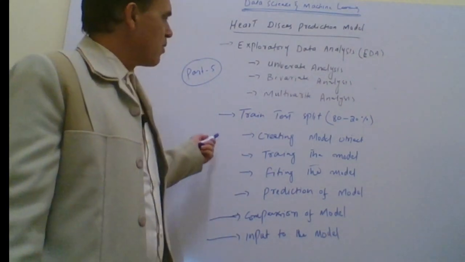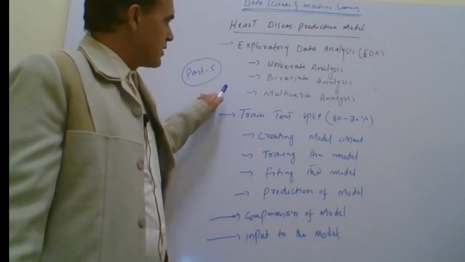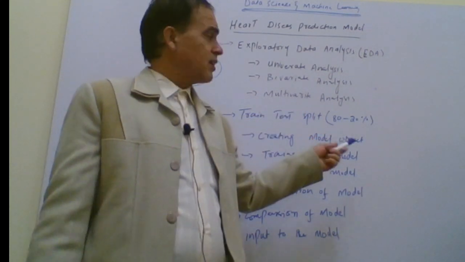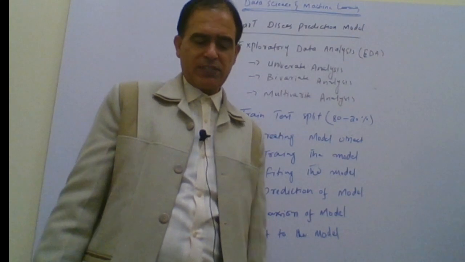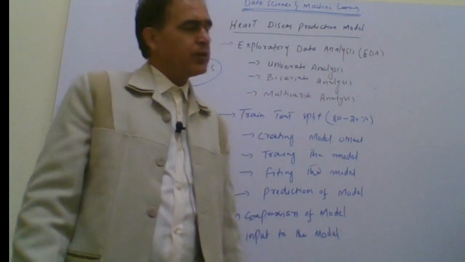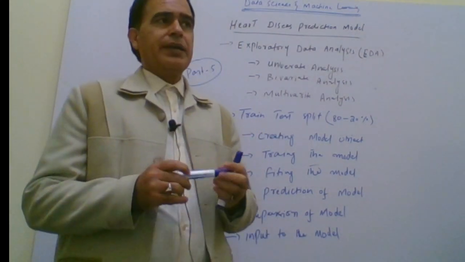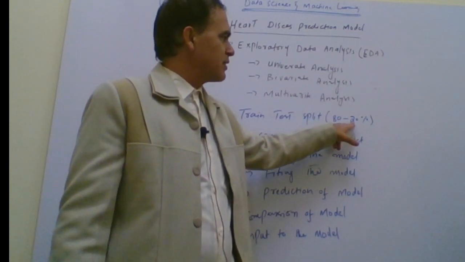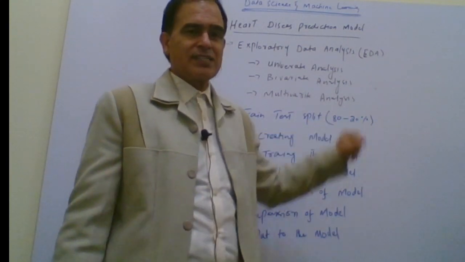And then in part 4, we divide our data sets into train and test sets in the ratio of 80 and 20%. Means 80% of the data set consists of training samples, and 20% of the data set is for testing purposes.